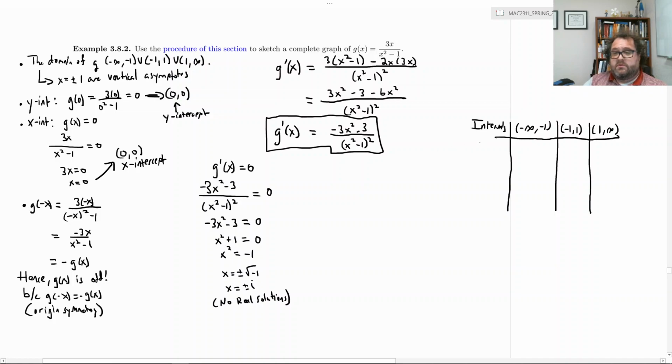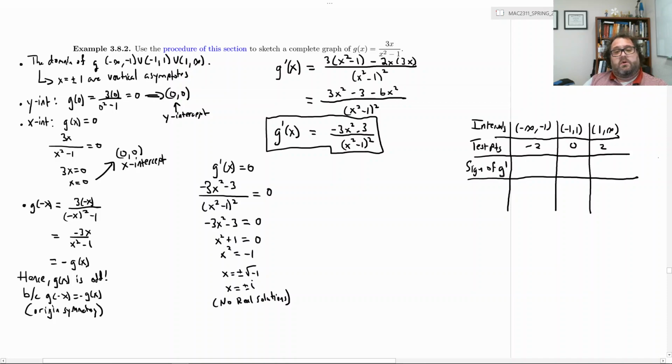Test points, of course, is always our second row. -2 works there, 0 is always a nice one, and +2 works there. Then we're going to look at the sign of g prime, the sign of the first derivative.